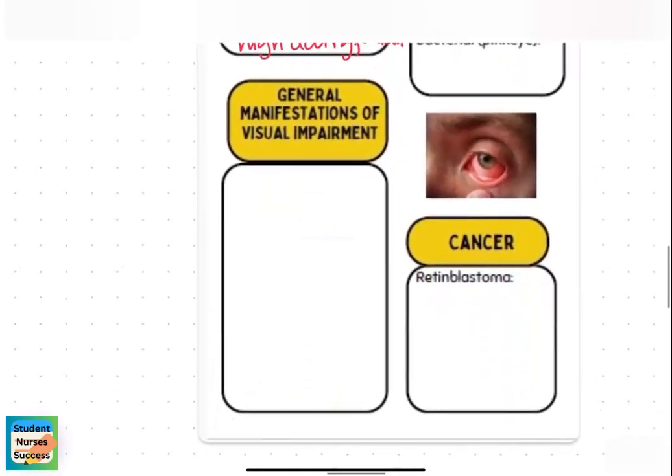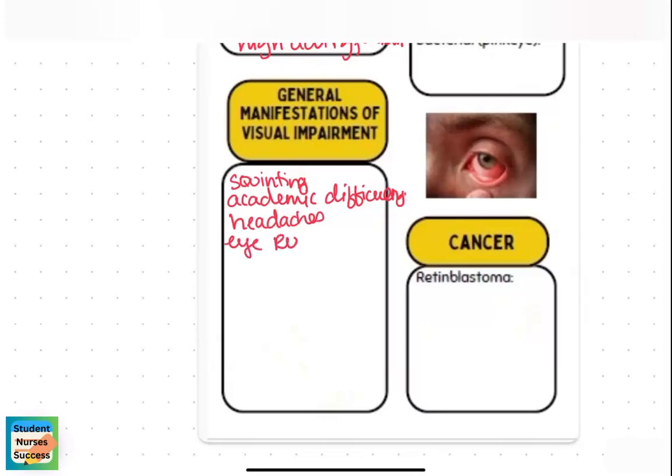Let's talk a little bit about general manifestations of a visual impairment. They would include things such as squinting, maybe academic difficulties, headaches, eye rubbing, tearing or drainage, pain.